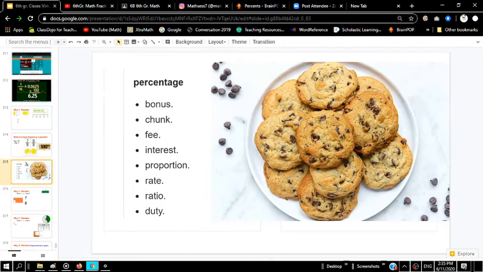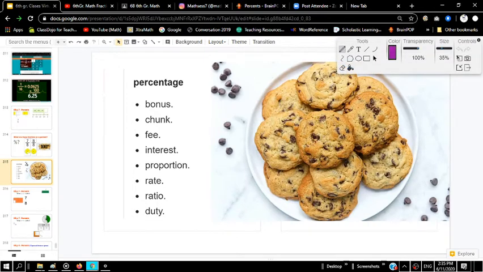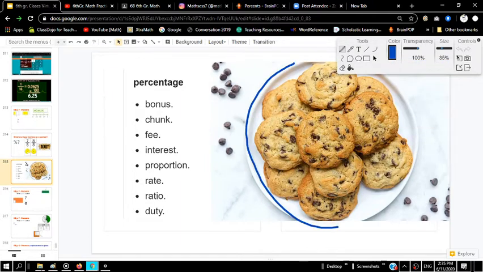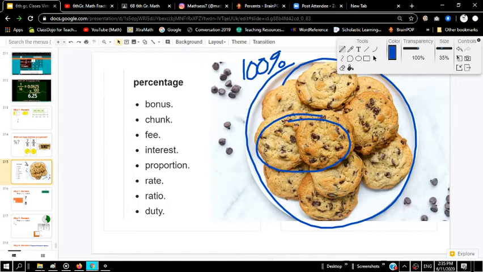Each one of these fractions is representative of the whole. So if we take, for example, this whole plate of cookies, this whole plate of cookies represents 100% of the cookies. That 100% is the total, right? But we can find, for example, how many cookies are represented here, which would be the portion or the proportion.